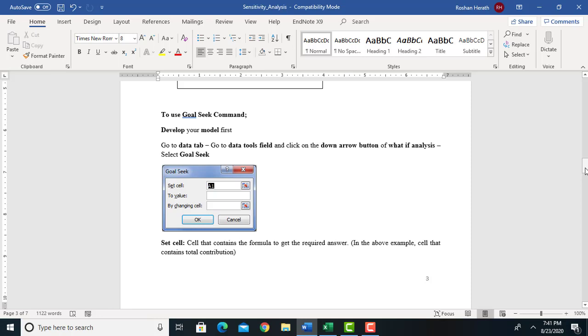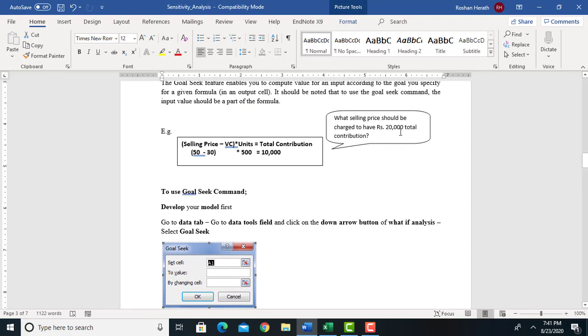There you would have to specify the set cell. That is simply the output. You have to specify the output of the model and say what the value must be. You need to set this output to a particular value. If you apply that to the previous scenario, the total contribution cell has to come over there as the set cell, and then the value should be 20,000.